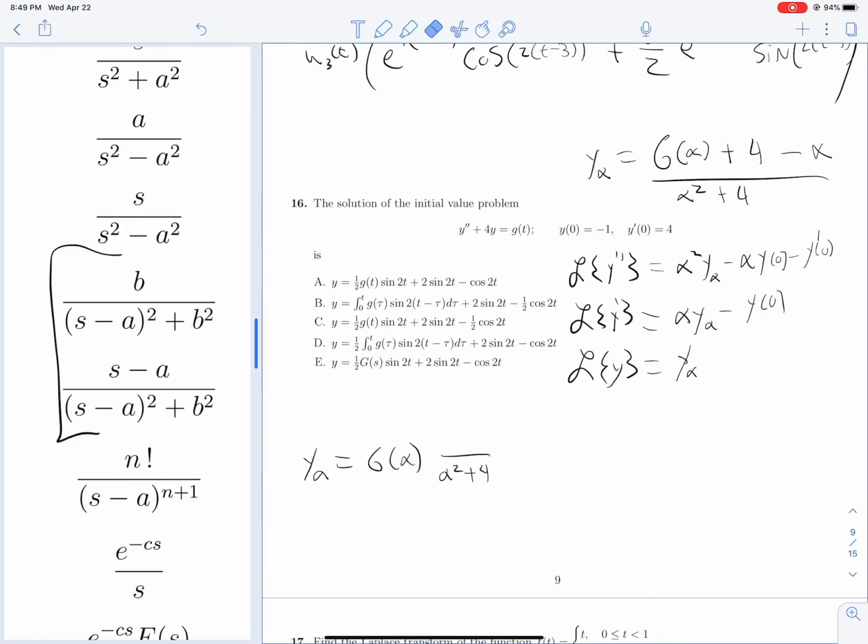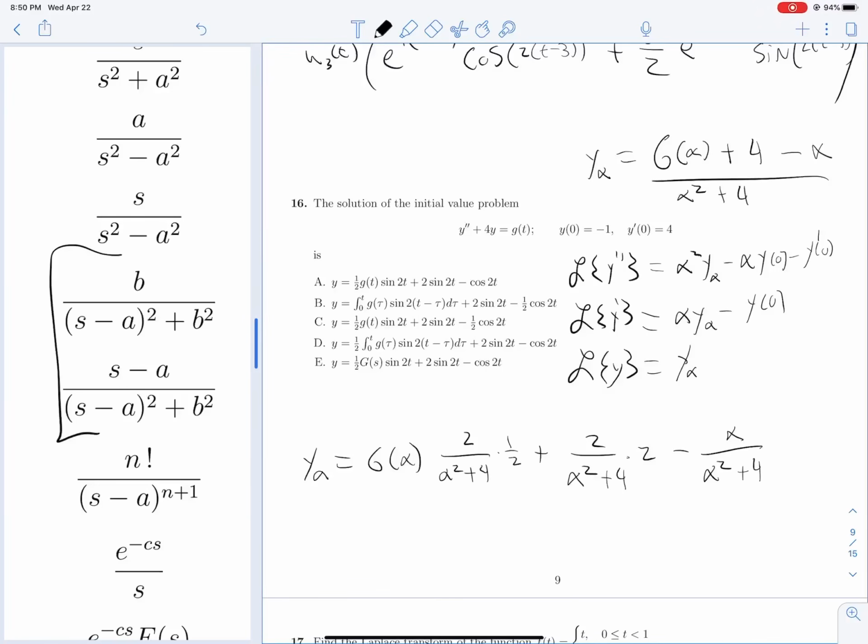I'll switch this up a bit to 2 times 1/2 so that this is in the form of something that we know how to take the Laplace transform of. Then we will get plus 4 over alpha squared plus 4. I'll change this to a 2 times 2 there. And then what else? We have minus alpha over alpha squared plus 4.